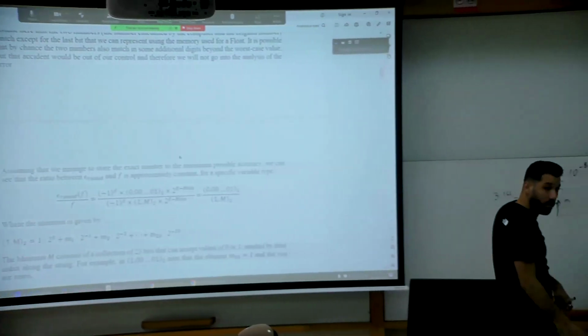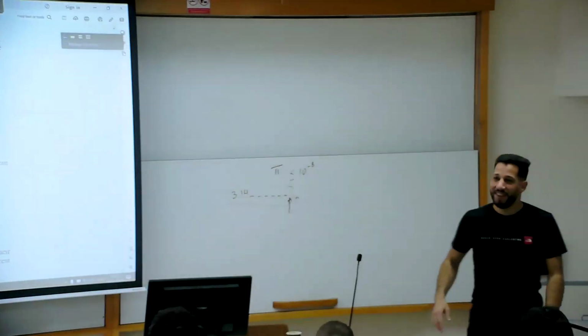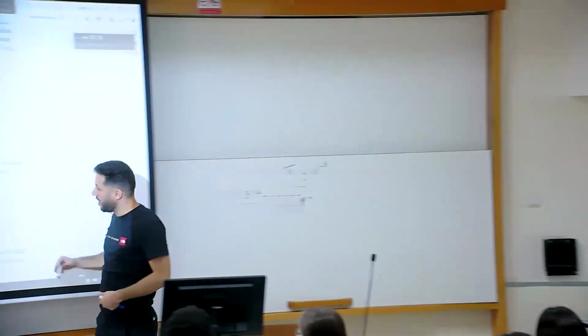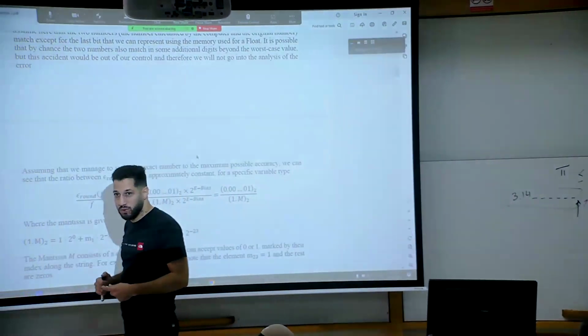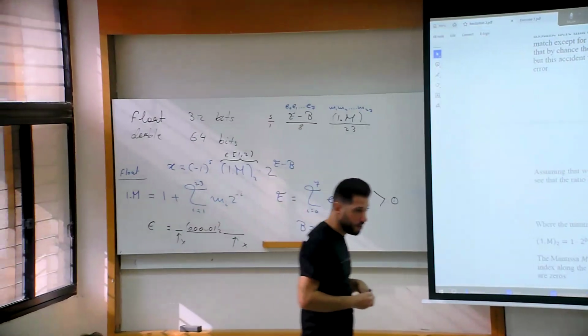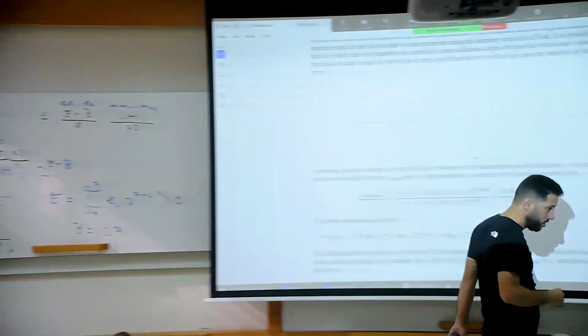So we take the error, here another half, to be bounded by 2 to the minus 23. That's the relative error.